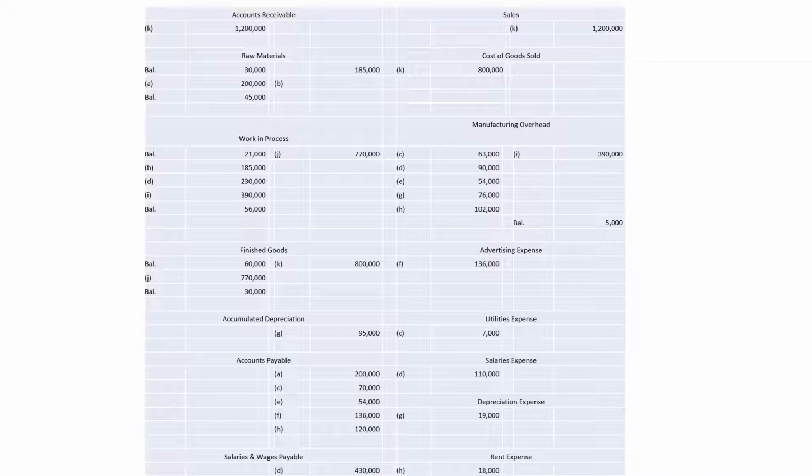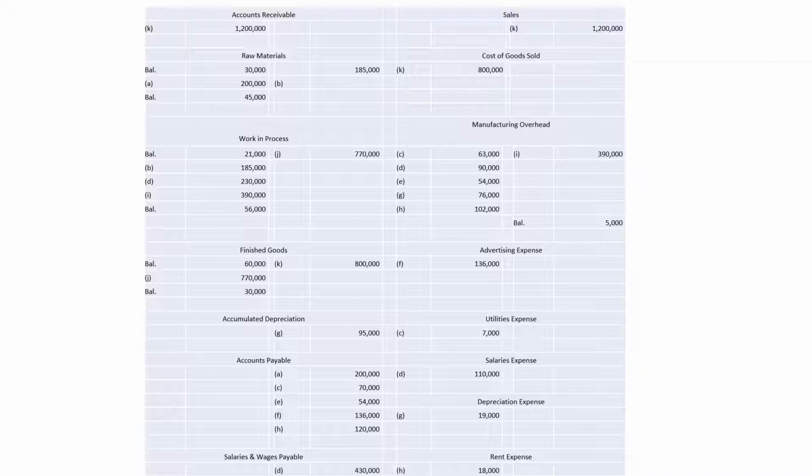In D, sorry about that, we are debiting manufacturing overhead for 90,000.